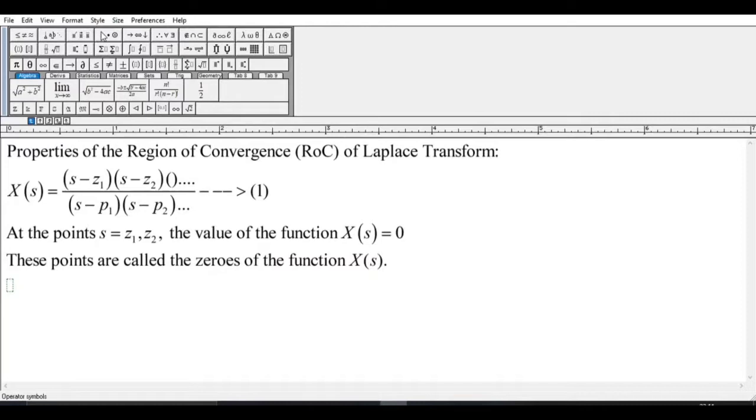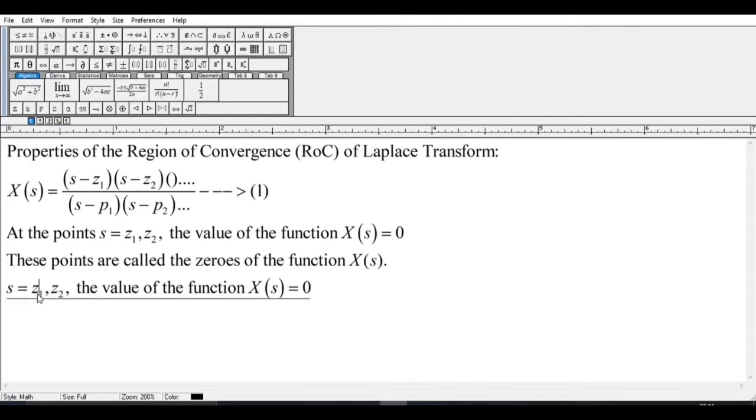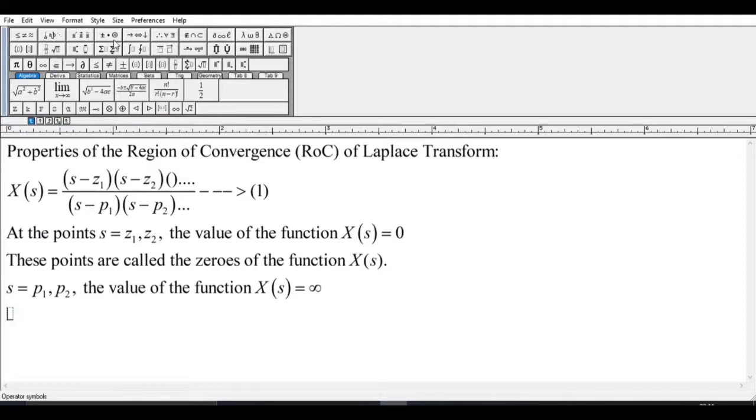Therefore, in general, one can say that at the zeros, the value of any function becomes 0, and at the poles, the value of any function becomes infinite. Do not get confused. At zeros, the value of the function is 0, and at poles, the value of the function is infinite.